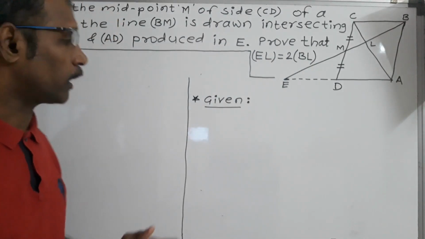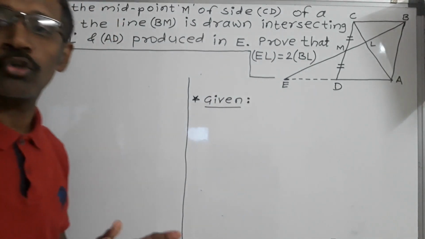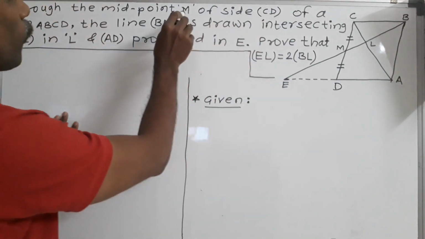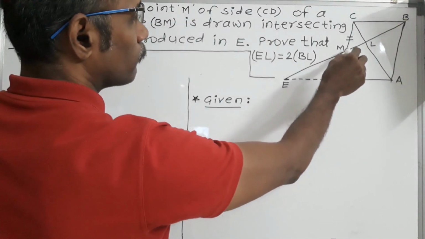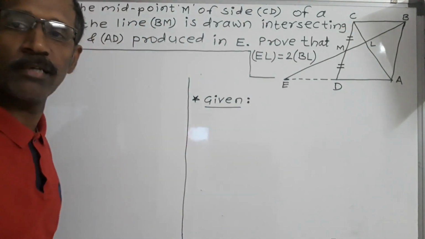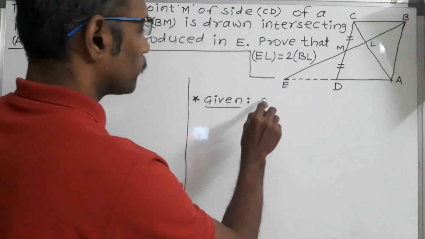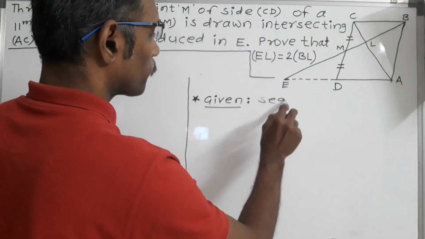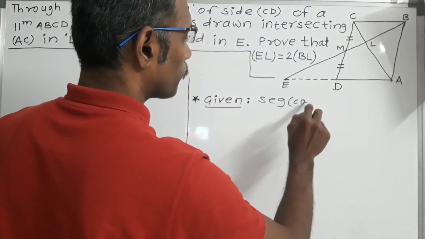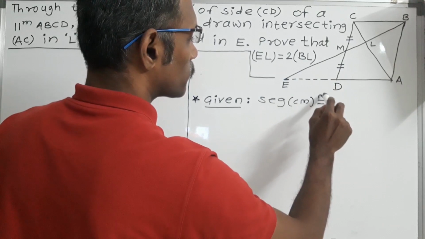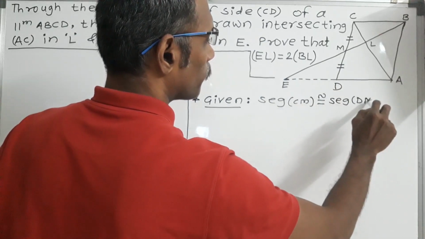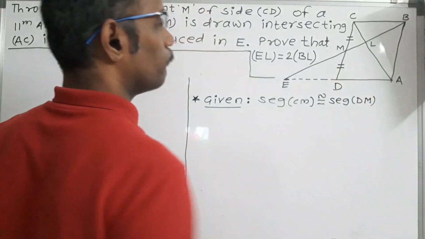Now I will write the given in short. We know that point M is the midpoint of side CD. Therefore, we write segment CM congruent to segment DM, because M is the midpoint.